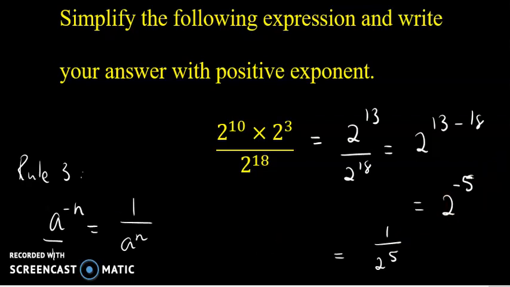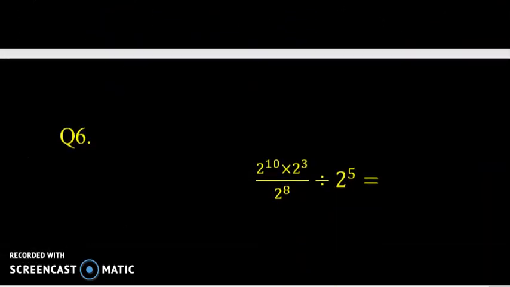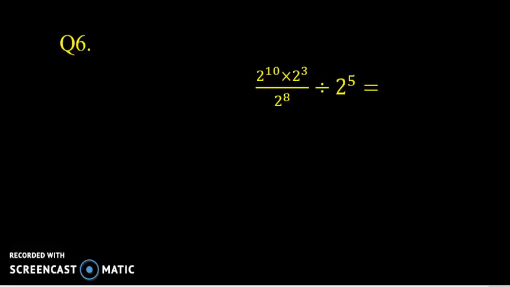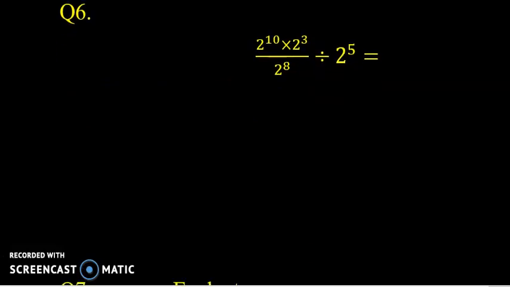Alright, let's continue with this. It did not say whether we need to simplify or evaluate, so let's just look. The final product is going to dictate whether you need to leave it in exponential form or evaluate it.